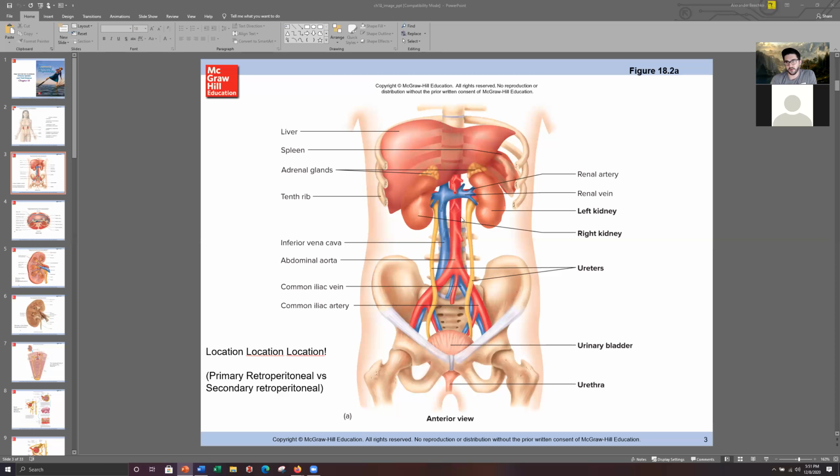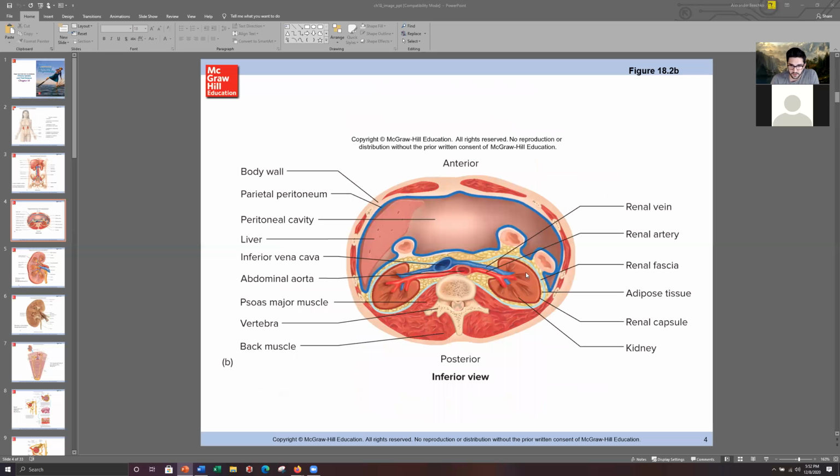And if you'll recall, the peritoneum is the lining of the body wall inside the abdominal cavity. So if I were to cut one of you guys open and open up your abdomen, you'd see this shiny film on the inside of the body wall if we pulled your abdominal wall apart. And so that's the parietal peritoneum. The kidneys sit behind that. So they are what we call primarily retroperitoneal.